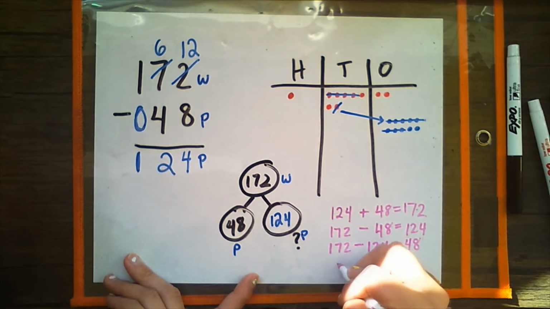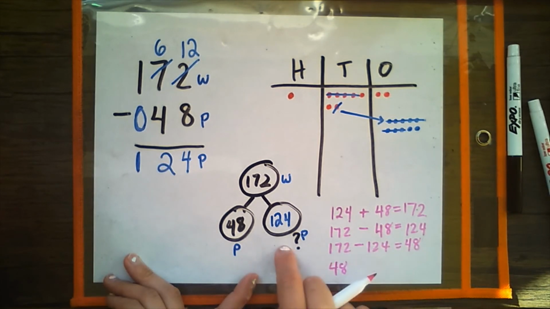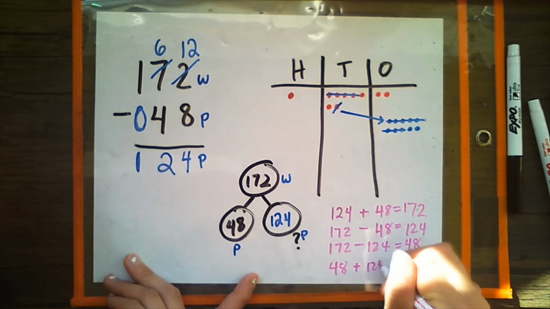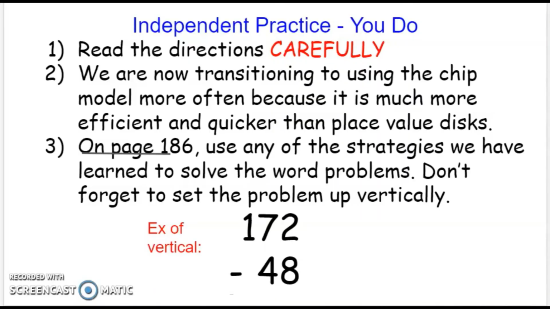And then lastly, 48 plus 124 equals 172.